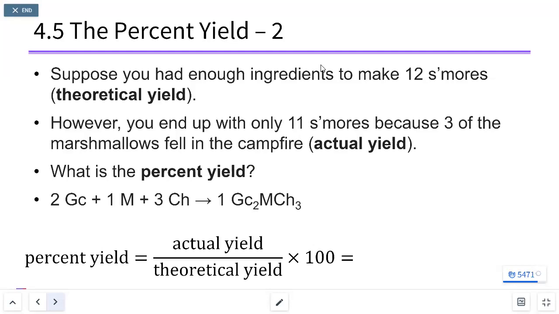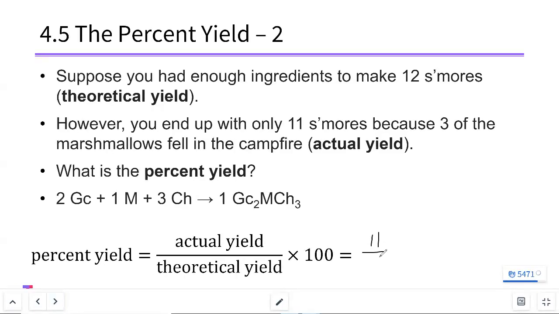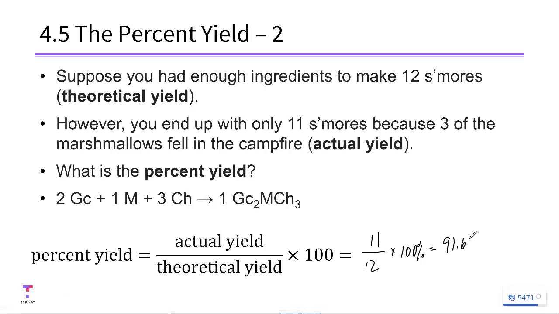The percent yield of that process would have been taking the actual yield, the 11 that we made, and dividing it by the 12 that we should have made, and multiplying it by 100%. So 11 over 12 times 100%, we would get 91.67%. So we got just a little bit less than 92% of the s'mores we were supposed to.